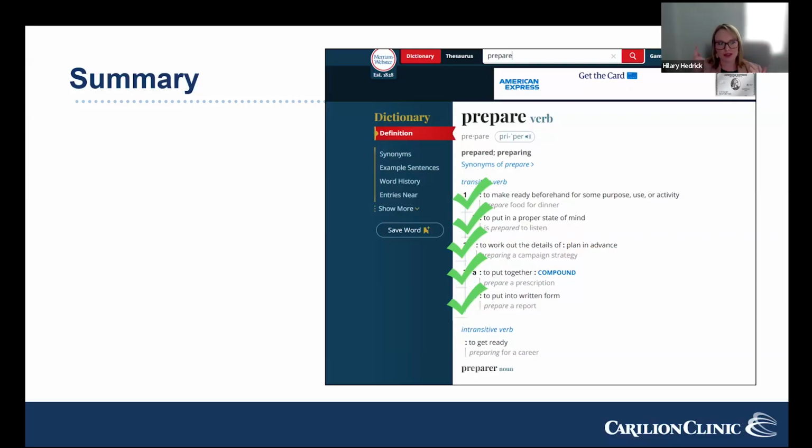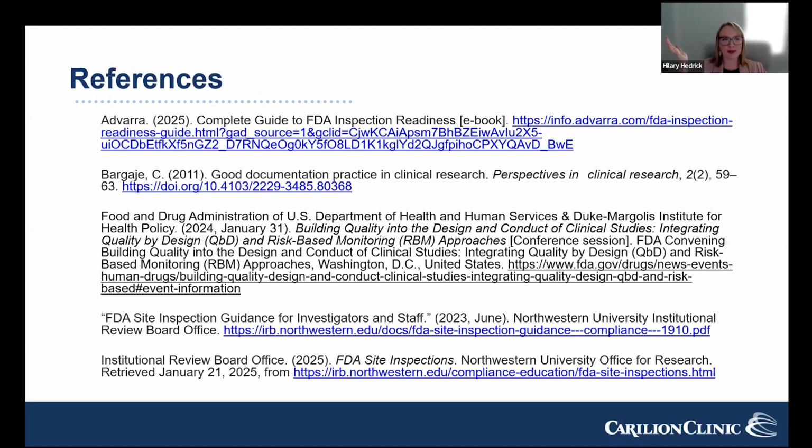We have the proper mindset of the confidence of anyone on our team knowing what to do, and that you have a plan in place that literally anyone can access in case of an FDA audit. You've already worked out the details and you know how to work out details immediately. You've put everything together and the team knows how to access it, and it is in a written form of what to do and how to execute. And so you are prepared.